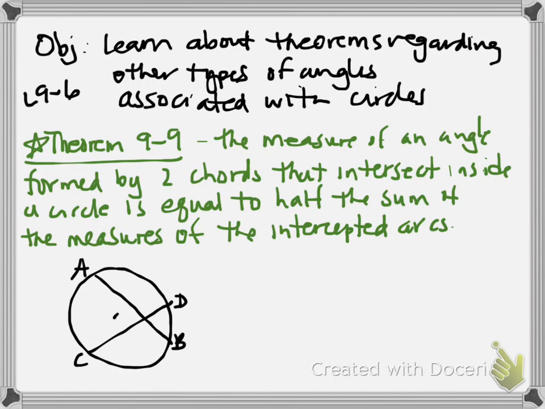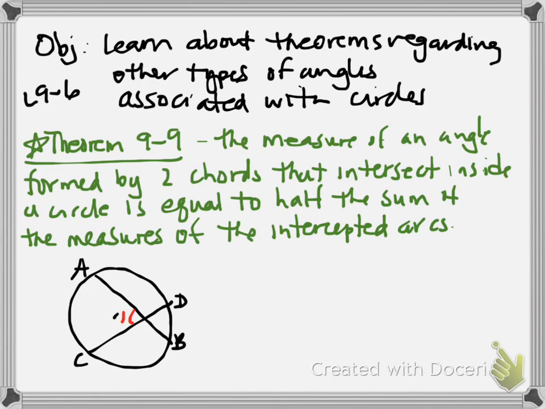So the measure of the angle formed, now we have two sets of angles formed, but what they're referring to in particular is this angle. And by the way, the guy opposite him is a vertical angle, so he has the same measure. And it says that the measure of this angle, we'll call him angle 1, is going to be half the sum of the measures of the intercepted arcs.